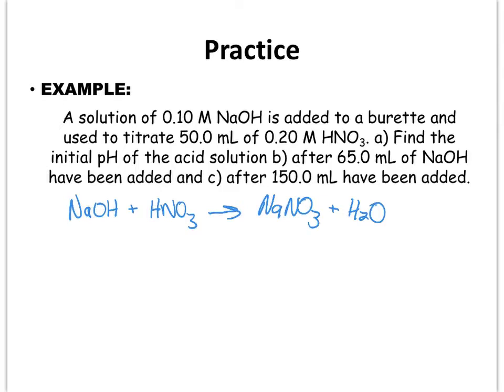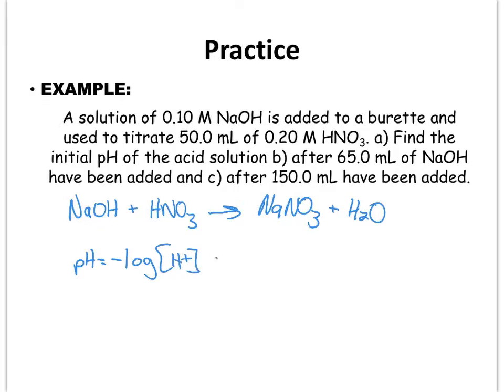The first part here wants us to find the initial pH of the acid solution. So remember, initially here in the flask, all you have is a strong acid. And because it's a strong acid, if you know the concentration of the acid itself and it's a 1-to-1 ratio, you know the concentration of the H plus. So pH we know is equal to the negative log of the concentration of H plus.